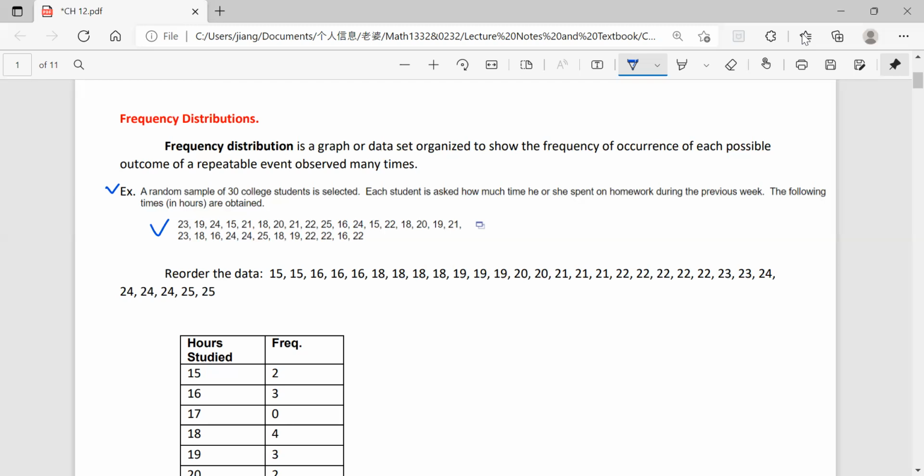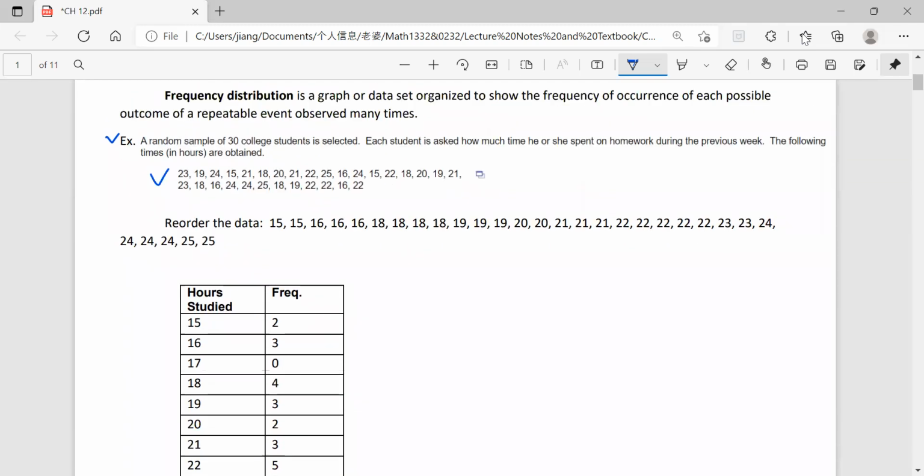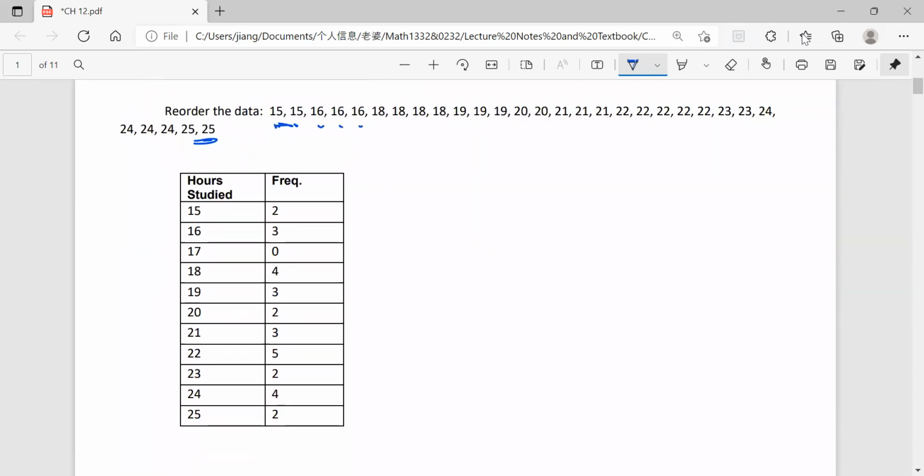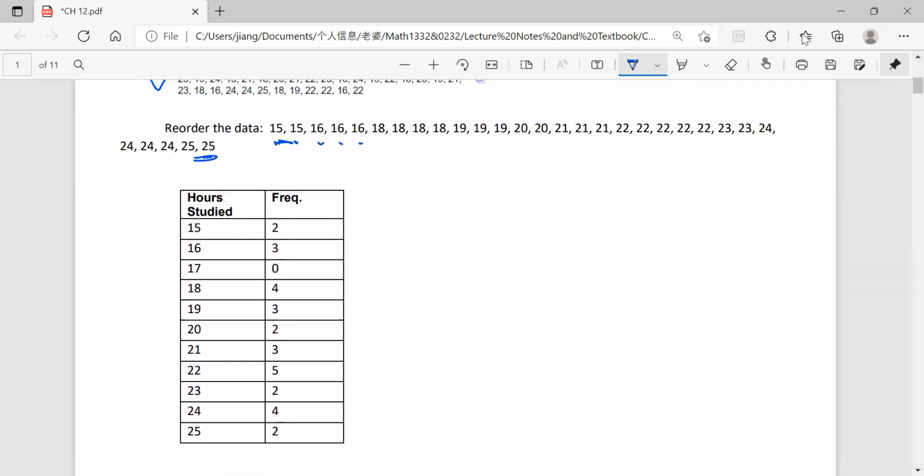So I can reorder the data because it's a random sample, so the order doesn't matter. If I list the data from the smallest number to the greatest number, that means 15, 15, 15, 15, 16, 16, 16. And then can I convert all of these data to a table? Yes. In the table, the first column can be hours studied.